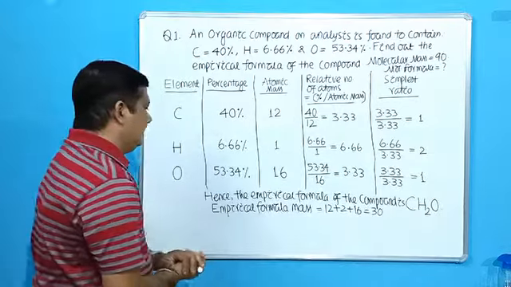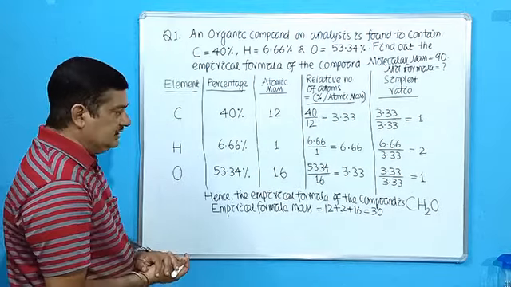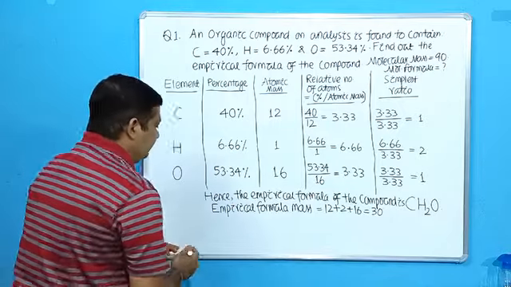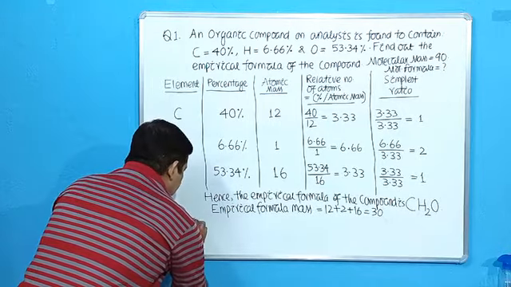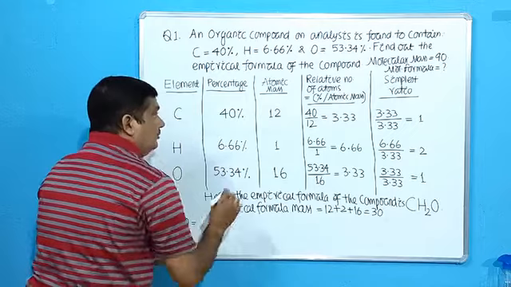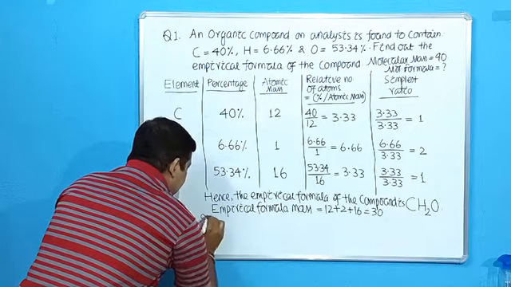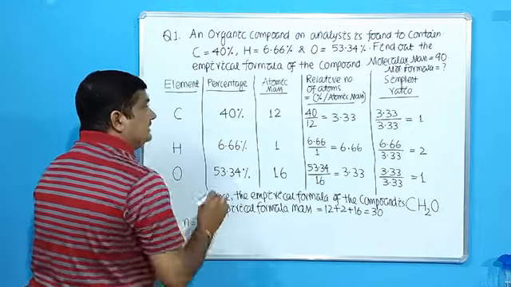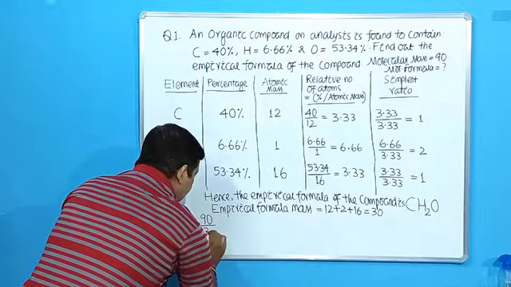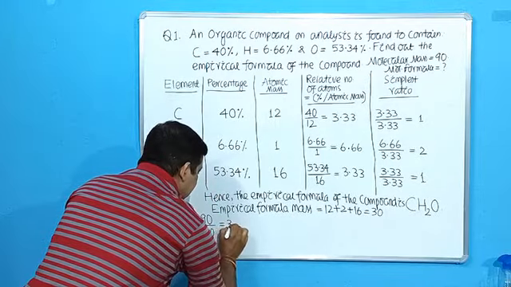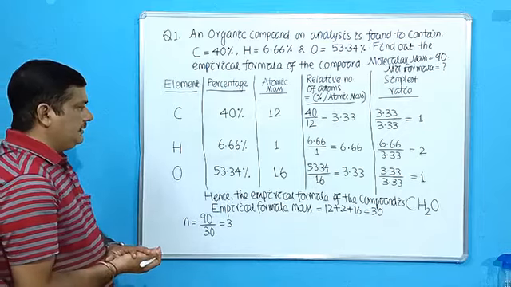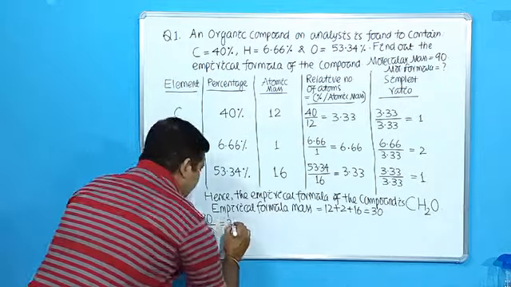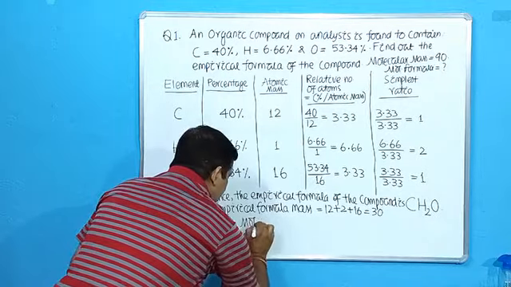So the empirical formula mass is 30. Then the value of n will be molecular mass 90 divided by empirical formula mass 30, that means 3. So the whole number value will be 3.